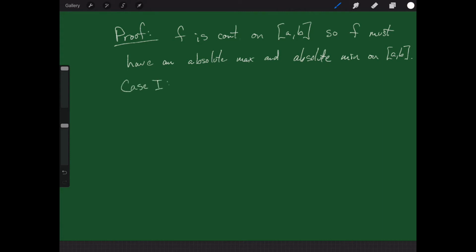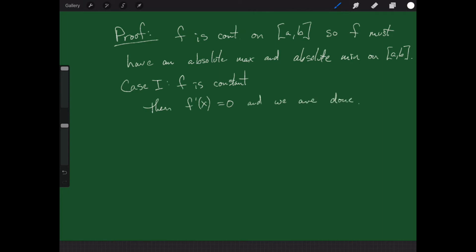And case one is going to be that f is constant. So if f is a constant function, then what is its derivative? Any constant function has derivative 0 at all points. So that means then we have that f prime of x is equal to 0, and we are done.